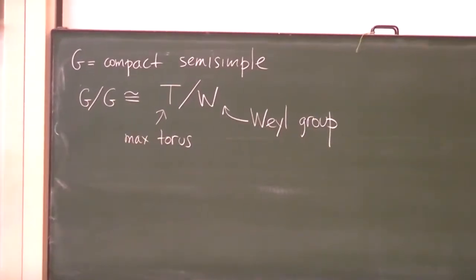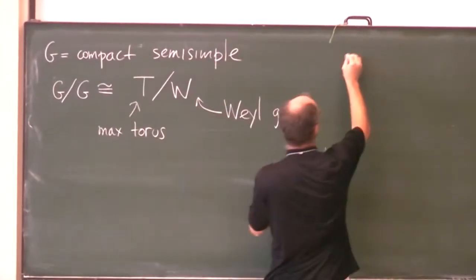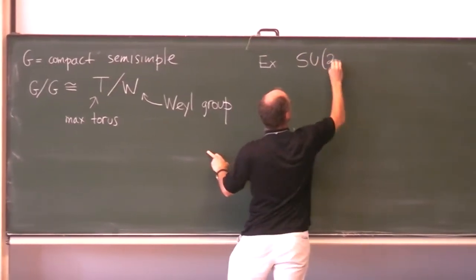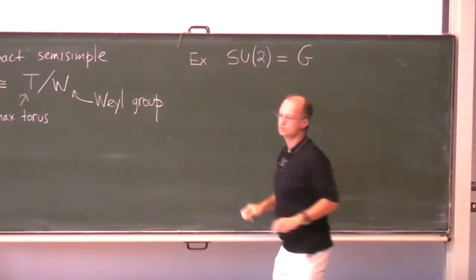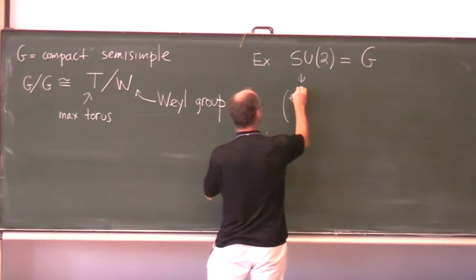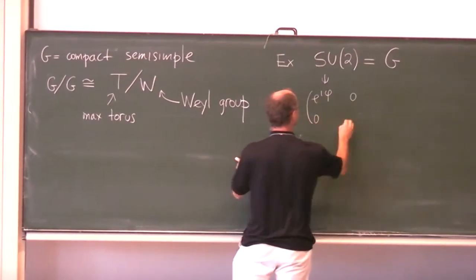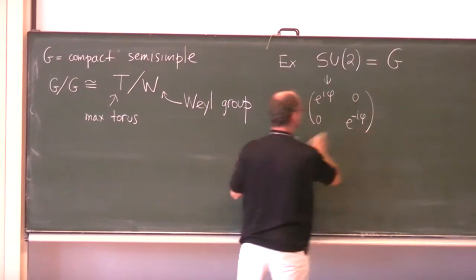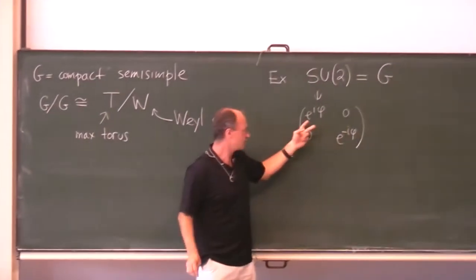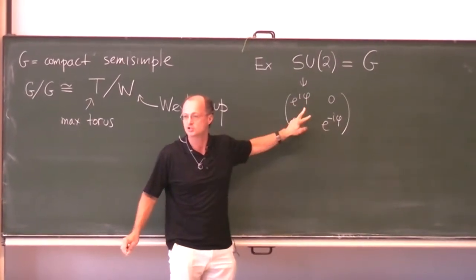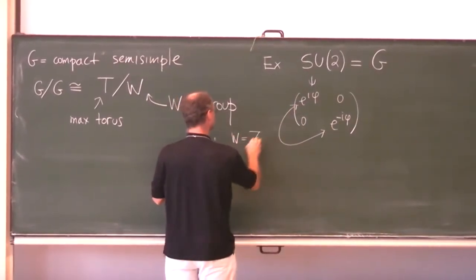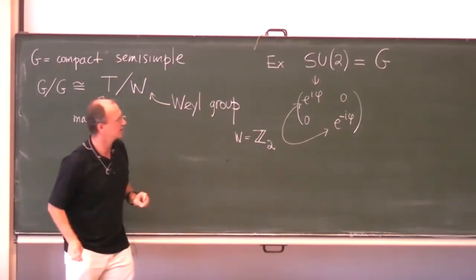Now, how does this quotient look? Okay, let's look at two examples. So one example, let's say G is equal to SU2. Here, for instance, I can choose a maximal torus to consist of diagonal matrices, and then the Weyl group exchanges the two eigenvalues. So the Weyl group is Z2 exchanging the two eigenvalues.